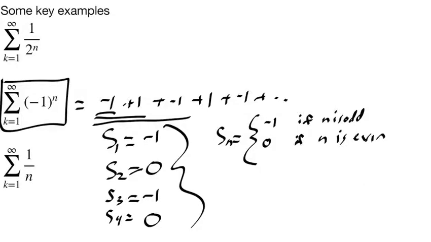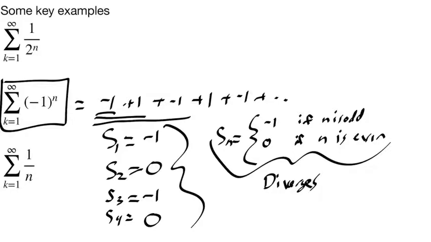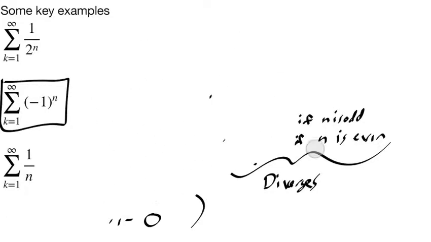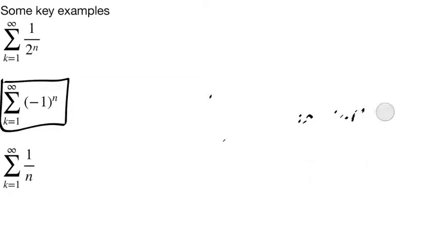I guess we could have written this with a (-1)^n notation as well, but let's just write it in this bracket. But you can quickly see that this does not converge. So this definitely diverges. This is an example we did a bunch when we talked about sequences. So this series, the sum of (-1)^n, is divergent.